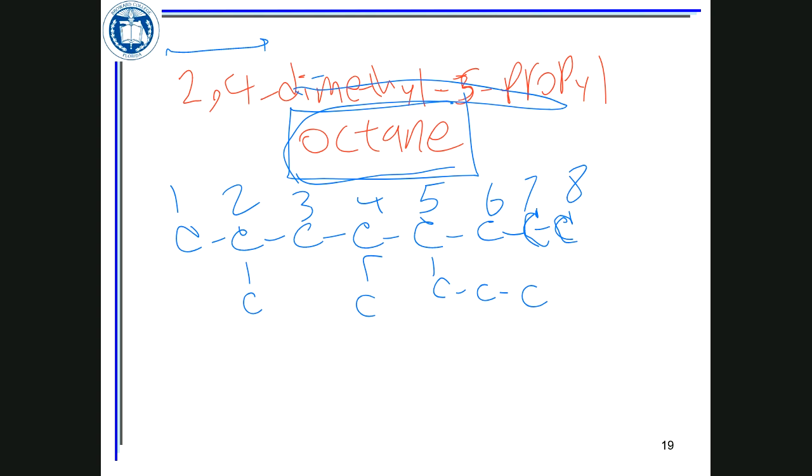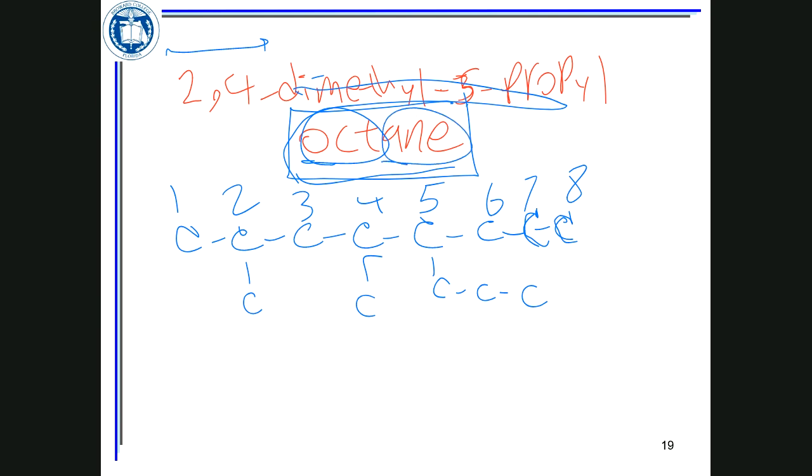For propyl, prop means 3, so it's going to be 3 carbons, but it's attached to carbon number 5. First, I say octane, I have 8 carbons. Based on this name, I draw an 8 carbon chain, and it's ane, that means all single bonds.